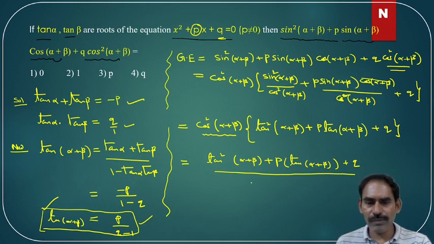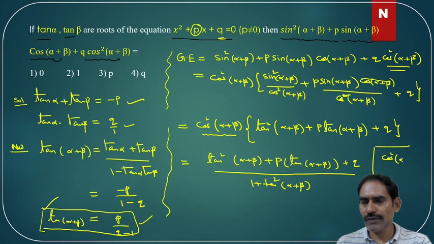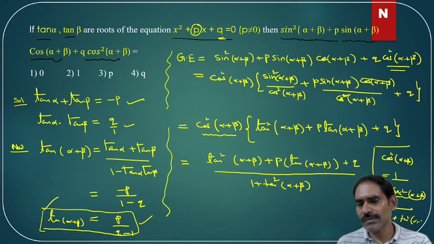The secant square theta we can write as 1 plus tan square (alpha plus beta). This is the way.